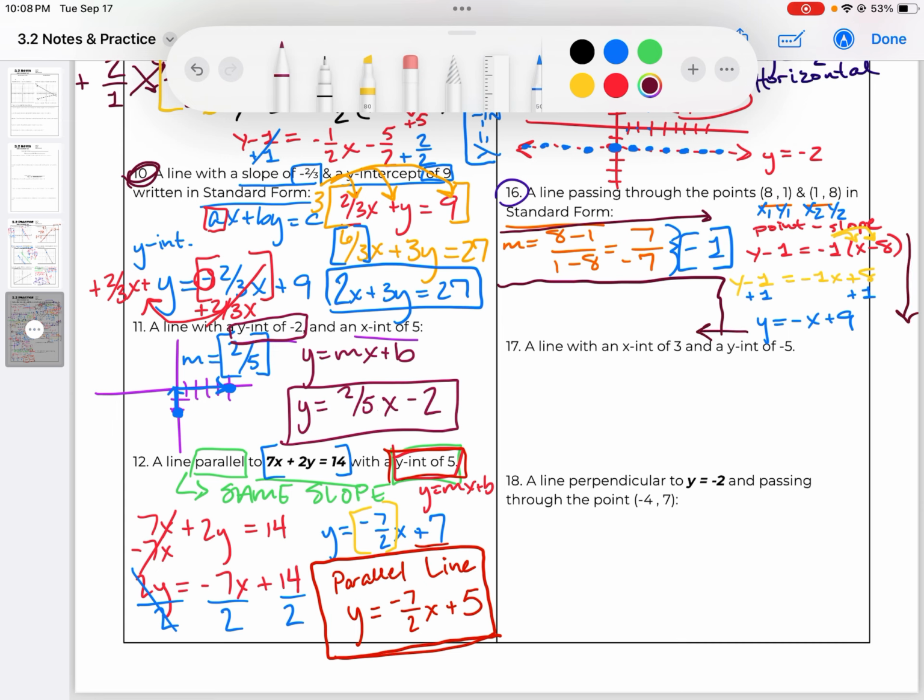Sorry about the round and round. The last thing I want to do is take y equals -x plus 9 and convert it to standard form. It's actually pretty easy in this situation. I just need to move the x to the other side. x plus y equals 9. Finished.